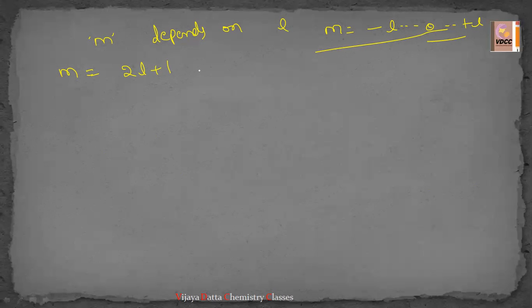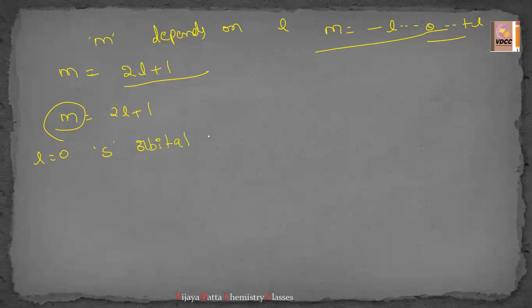Let us see how it depends on l, with the formula m equal to 2l plus 1. When l equal to 0, that is the s orbital.